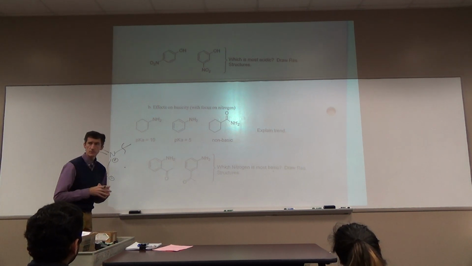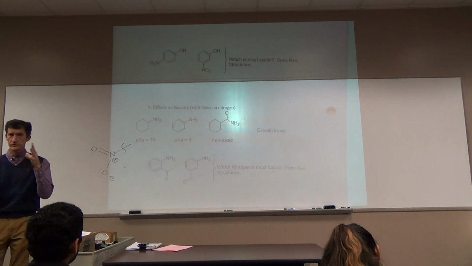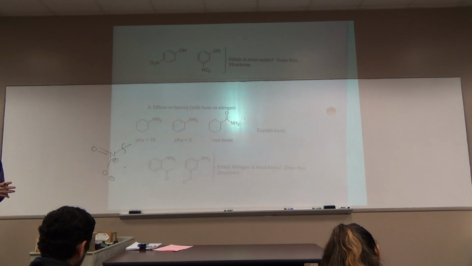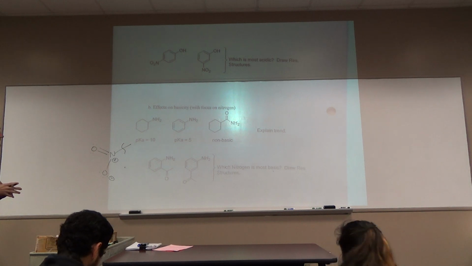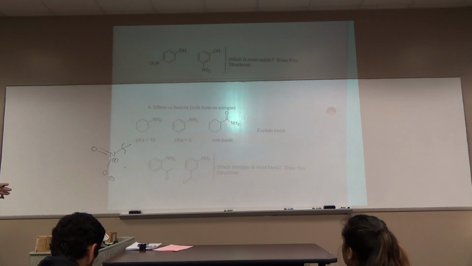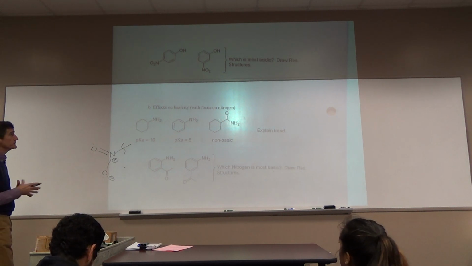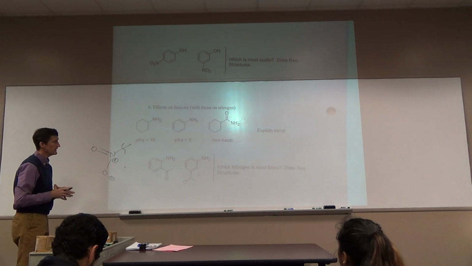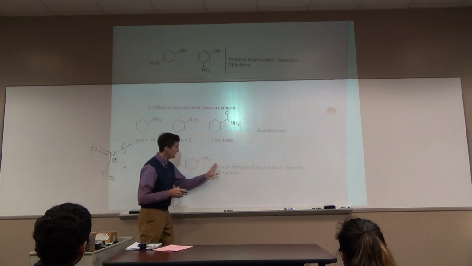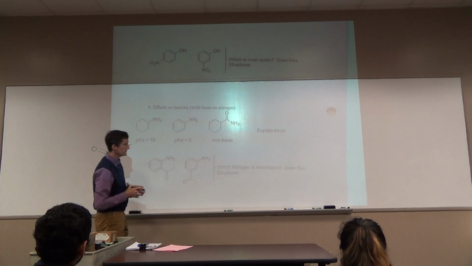Which nitrogen is going to be more basic? The one that's more electron rich or less electron rich? More electron rich, attacking the H+. The question is really which nitrogen is more electron rich? Just like the one on the previous page. Or down here, which nitrogen is more electron rich?